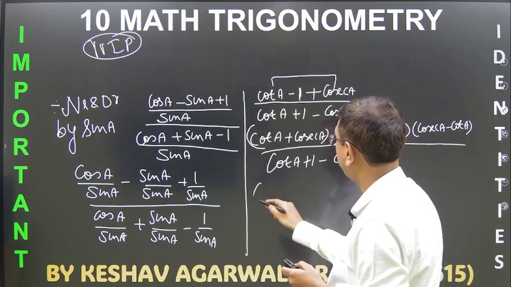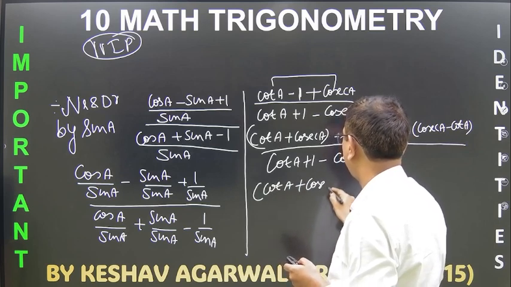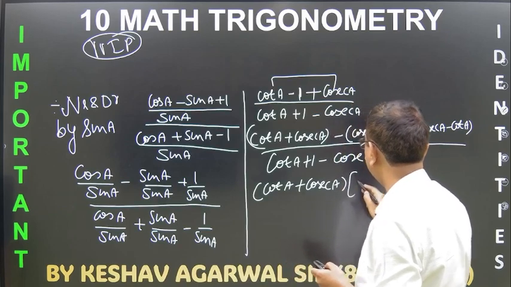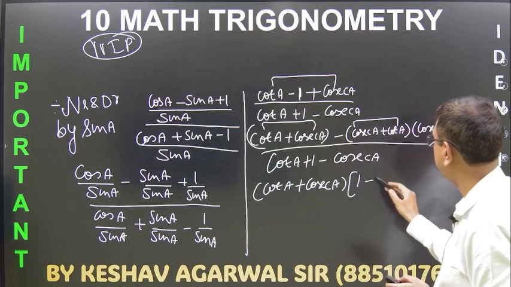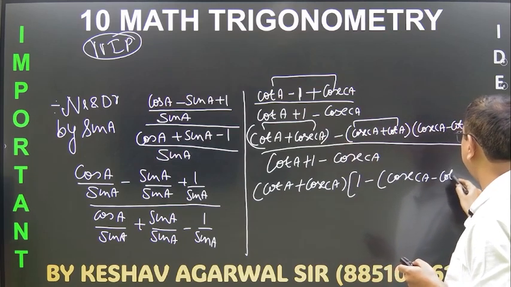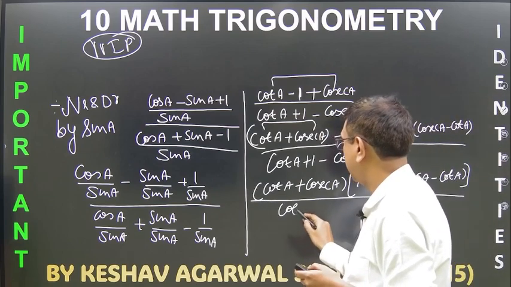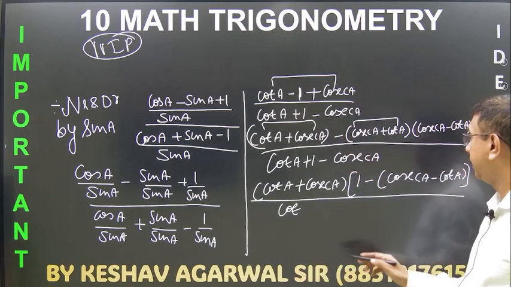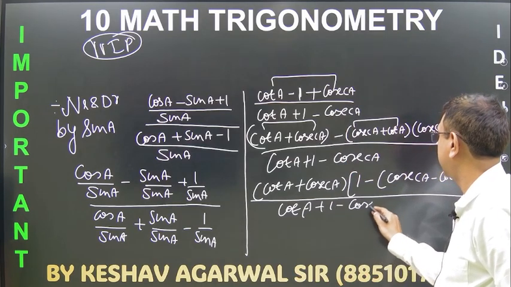So what are you going to get common? Cot a plus cosec a. Okay, cot a plus cosec a is going to come out, and 1 remains here. This entire factor is taken out common, and you will have cosec a minus cot a divided by cot a plus 1 minus cosec a.